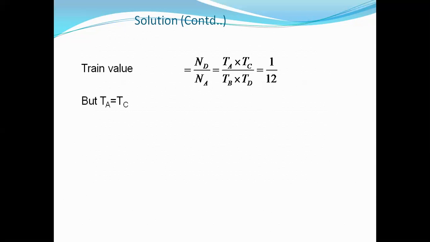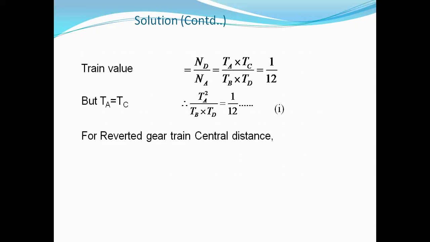But here TA is equal to TC. Substitute this TA value in place of TC. So TA into TA, that is TA square, divided by TB into TD is equal to 1/12.